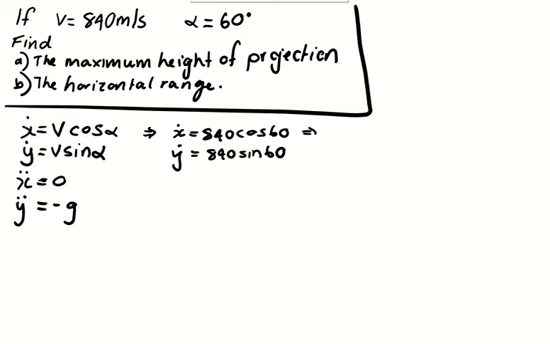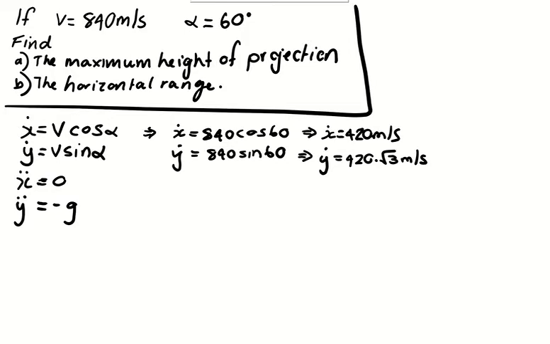And simplified, this will give me that x dot is equal to 420 meters per second and y dot is equal to 420 times root 3 meters per second. So they're my initial velocities in the horizontal and vertical direction.